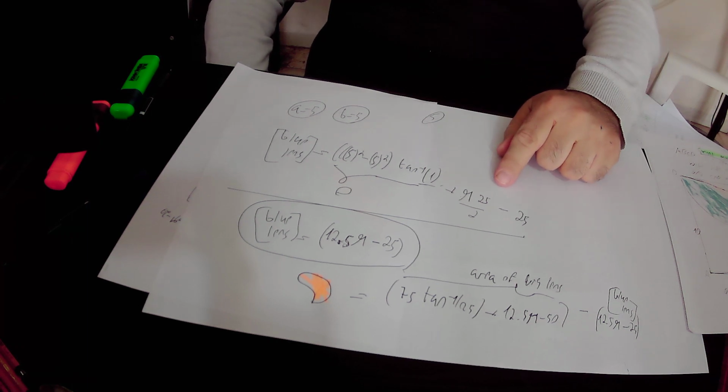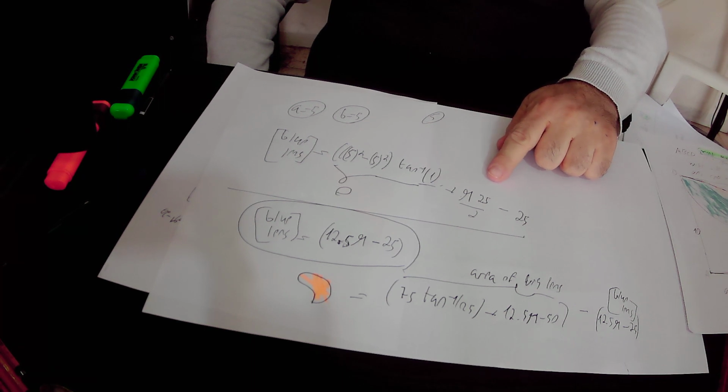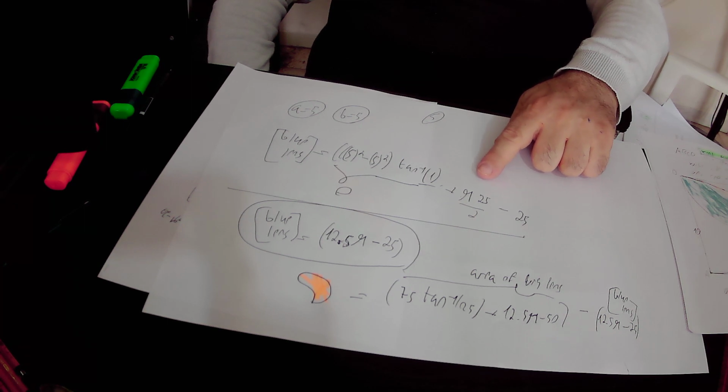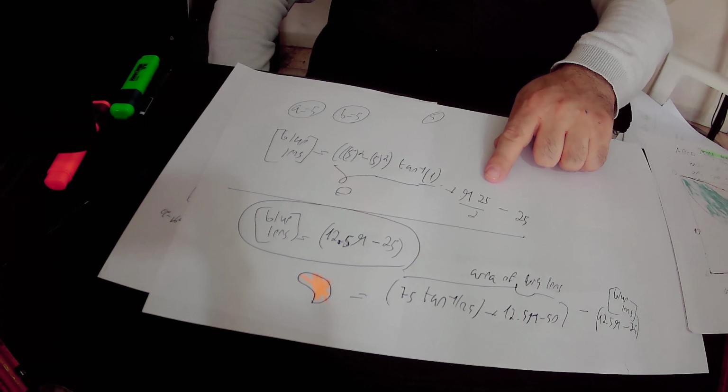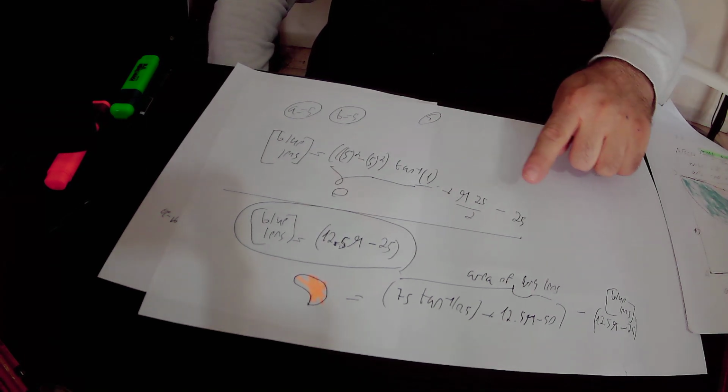So in conclusion, we found out that the area of the blue lens equals 25 pi over 2 minus 25. But 25 over 2 is 12.5. So in total, this expression equals 12.5 pi minus 25.